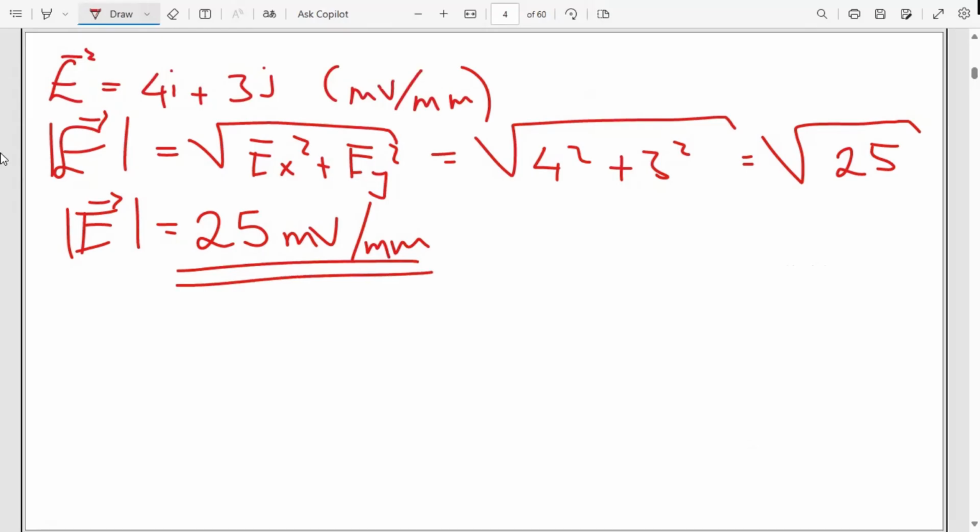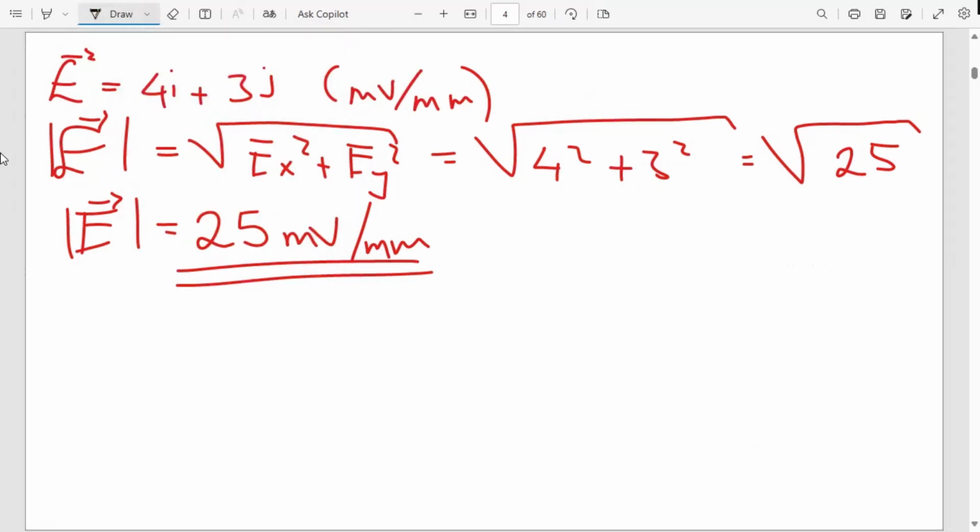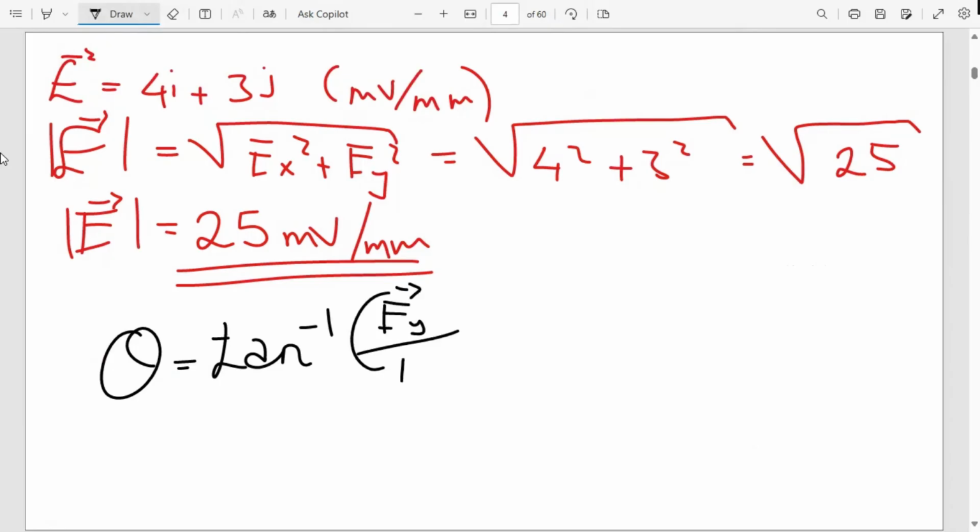Now they are asking us to determine the direction, the angle that the vector is going to make with the positive x-axis. So how are we going to do that? We're going to apply a similar method. Theta is equal to the tan inverse of Ey over Ex.